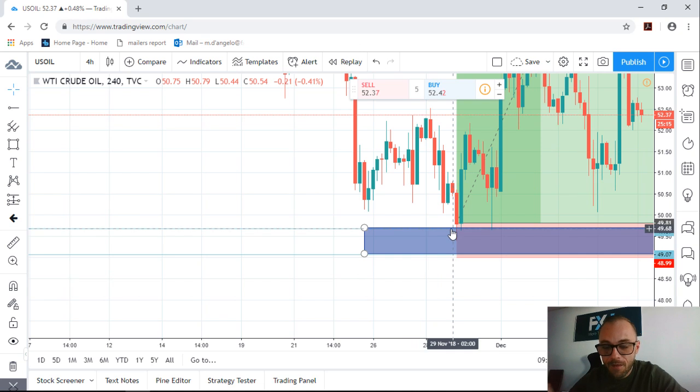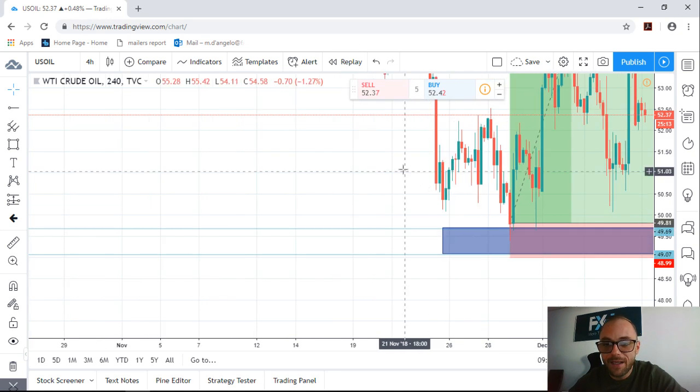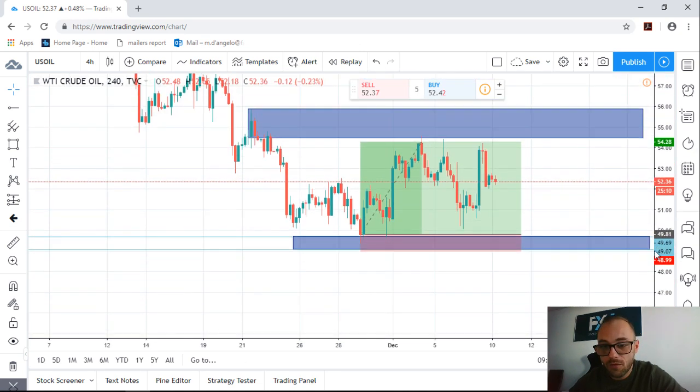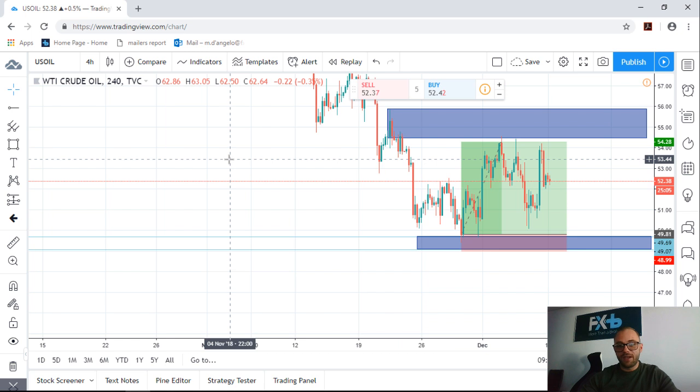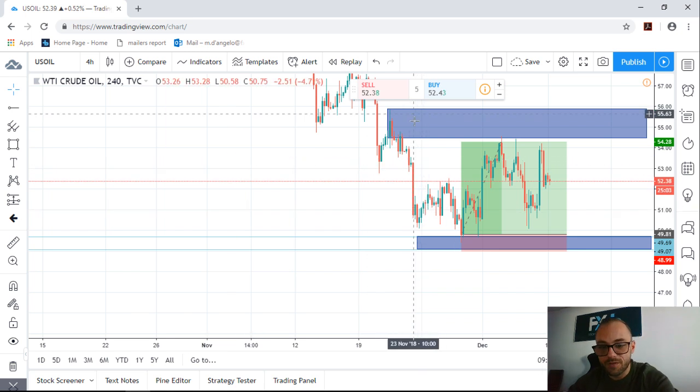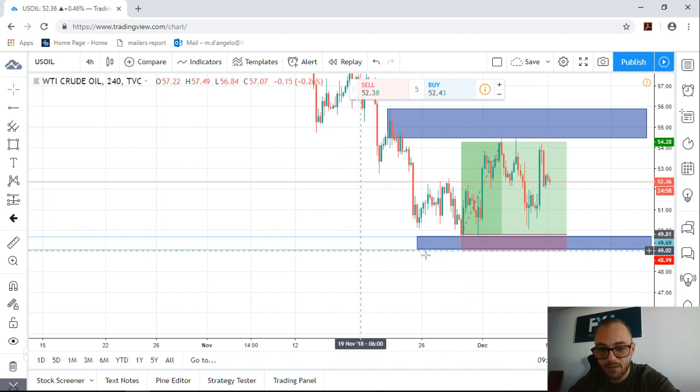Market came in, filled in our zone, and immediately respected the demand zone, took off, and came back to our supply target.